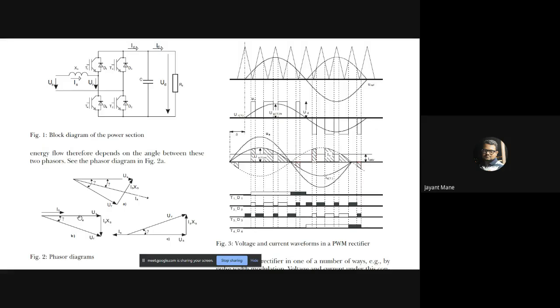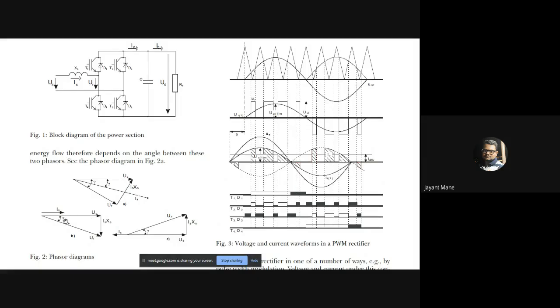This is one situation. Then we can also make it exactly opposite in phase to the input voltage. You can see they are 180 degrees out of phase. So all of this is possible. Any phase angle between supply voltage and supply current is possible.